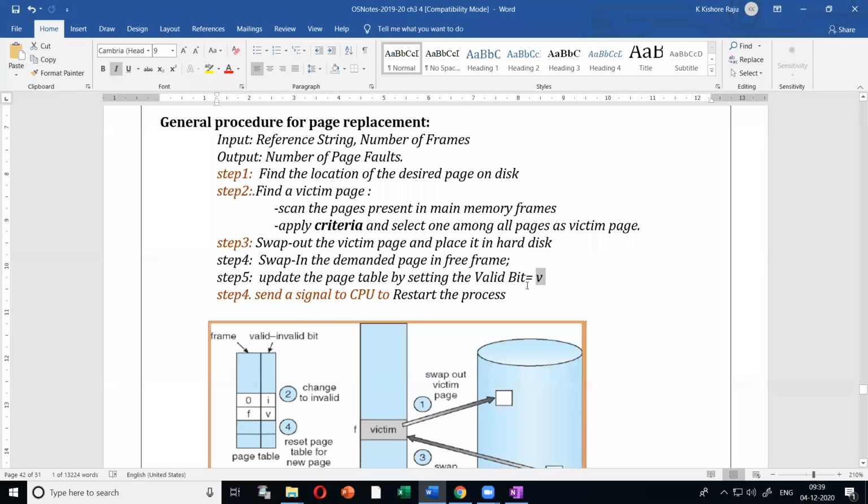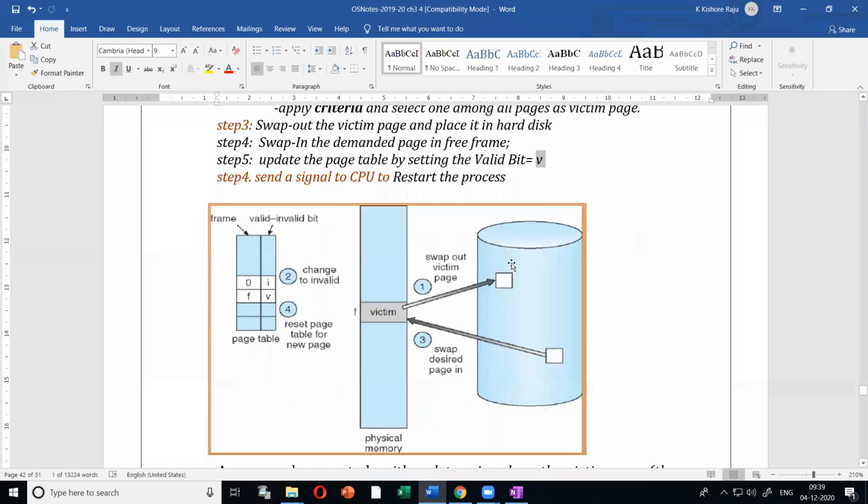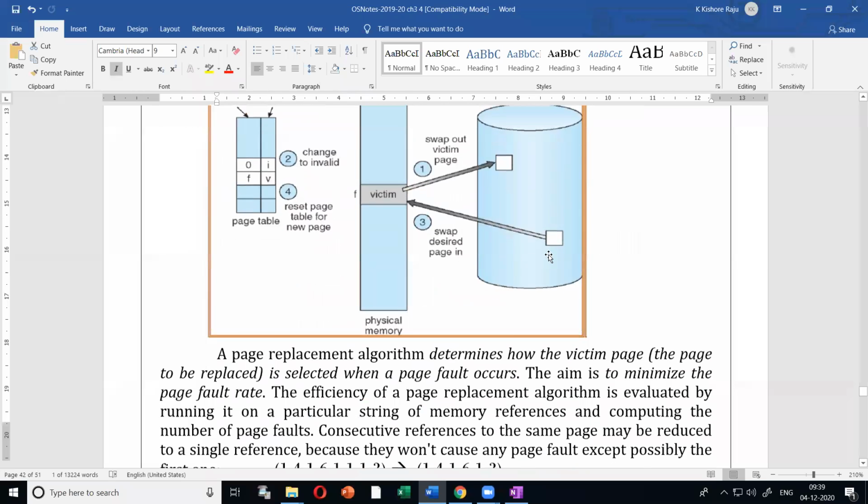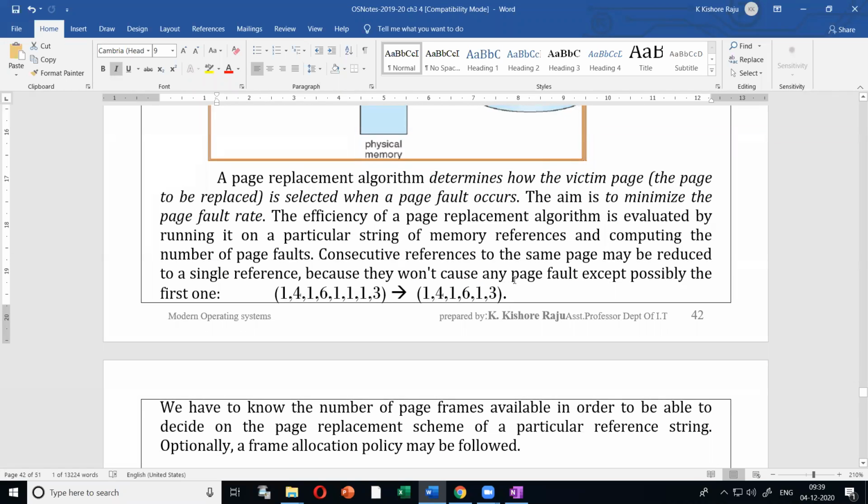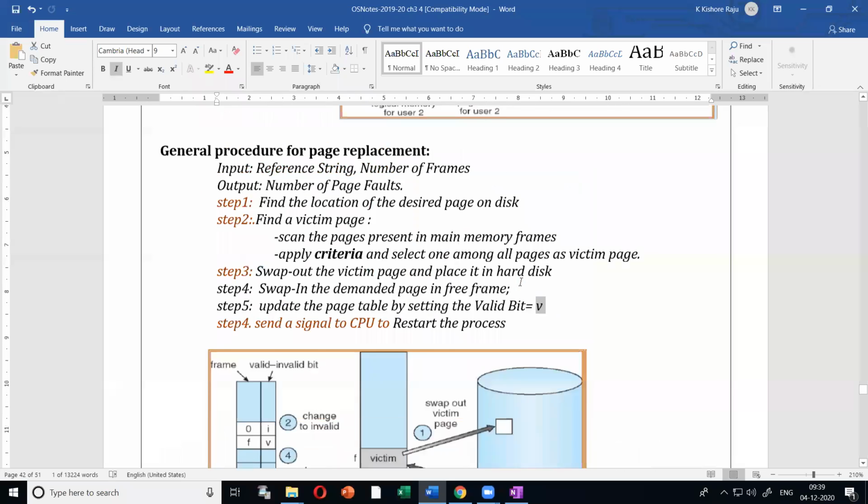Yes, exactly. Then I have to send a signal to the CPU that whatever page was requested is ready now. Is it clear? So that is the duty of the page replacement algorithm.